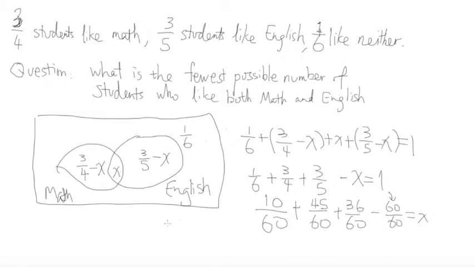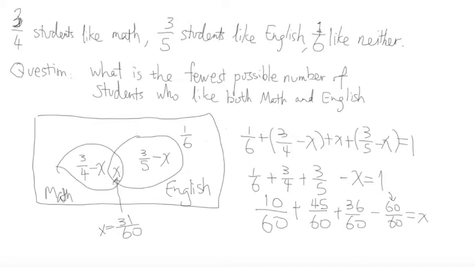If you add everything, you get 31 over 60. That's the x. So that tells us something: x is 31 over 60 of the whole student population.